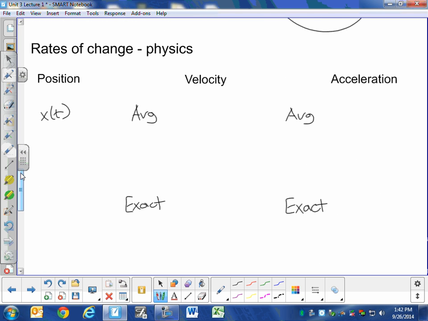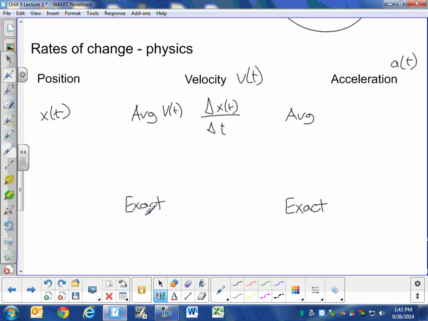Now, we talked about physics in last unit. We're going to continue to talk about it. Let's talk about position, x of t, velocity, v of t, acceleration, a of t. So it's going to be really quick. We know that the average velocity would be your change in your position over the change in your time. Okay? Well, guess what?